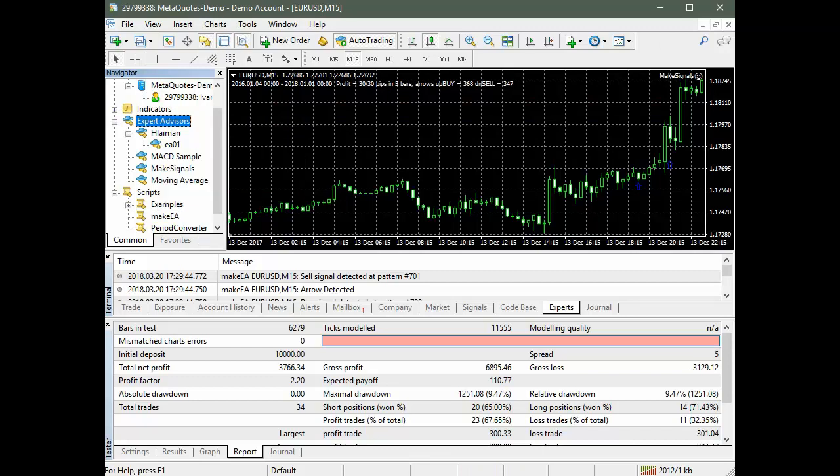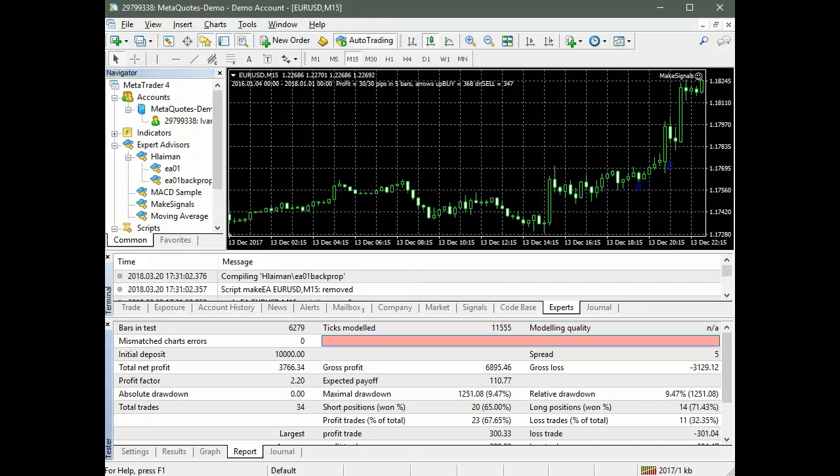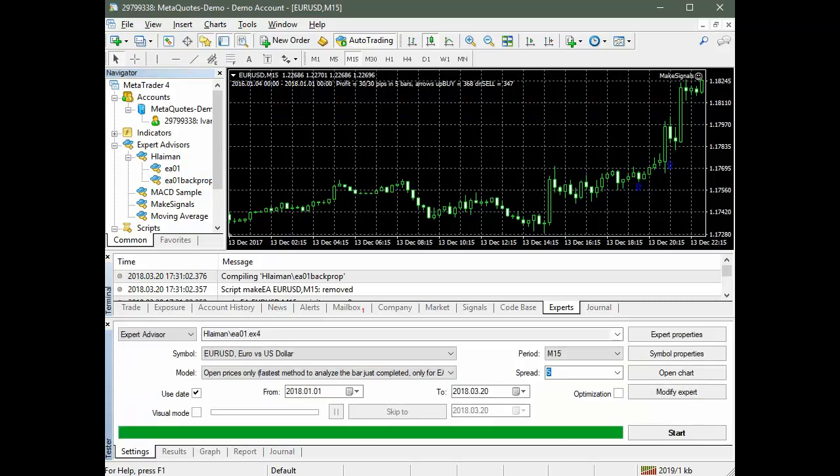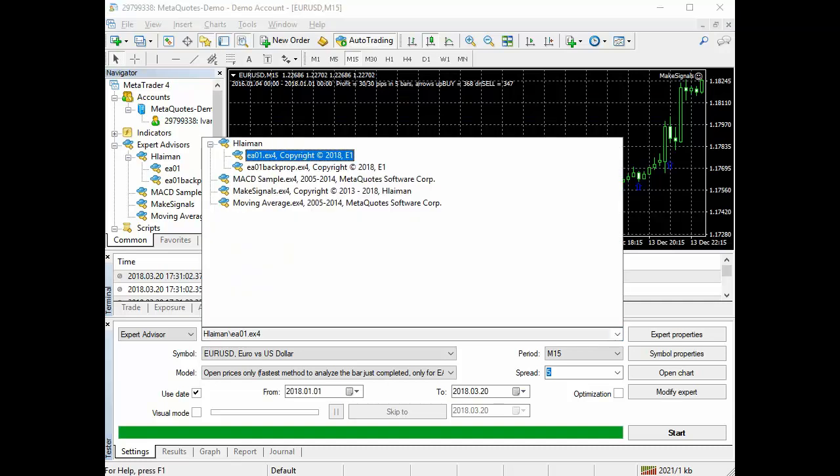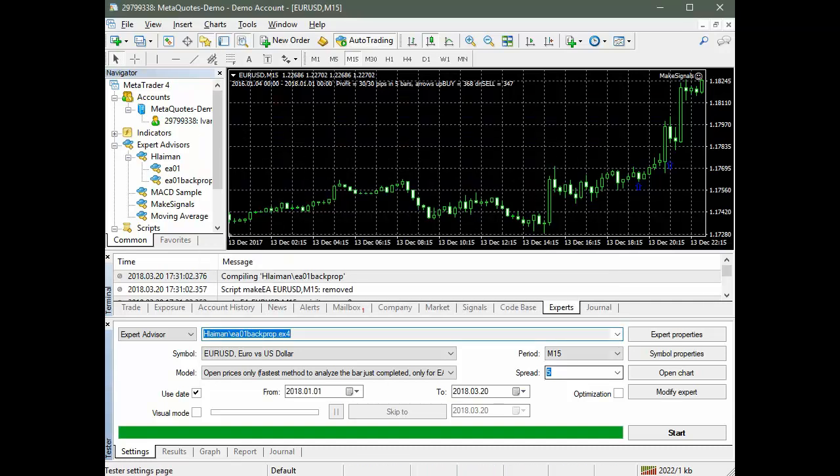First, we update the list of advisors to compile the newly created advisor. Second, we choose a new advisor in the strategy tester.